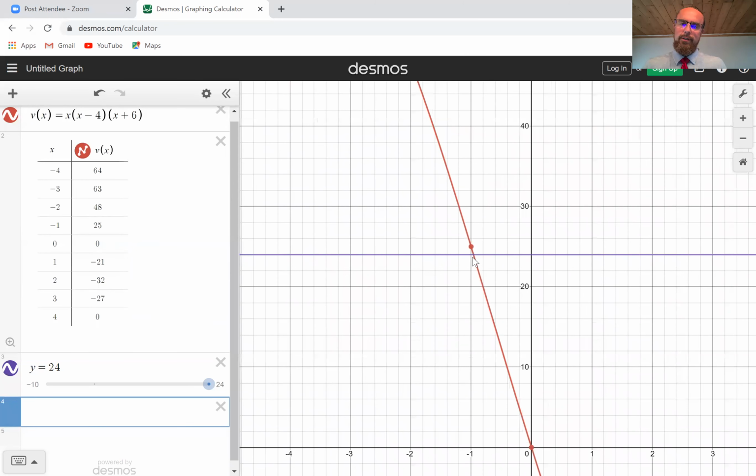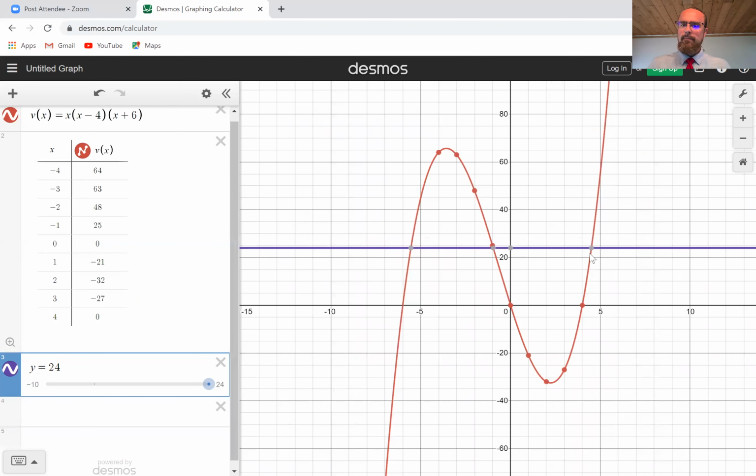So I'm going to zoom in a little bit. And it looks like on the left, we have an intersection of the maximum volume 24 and negative 0.96. And I'll zoom back out. And I want to find this intersection on the right.